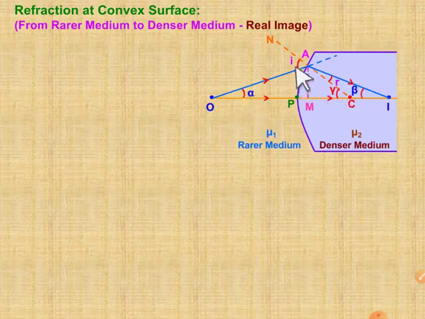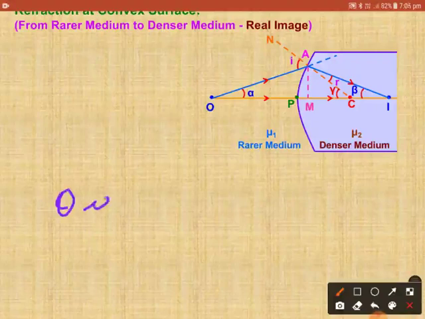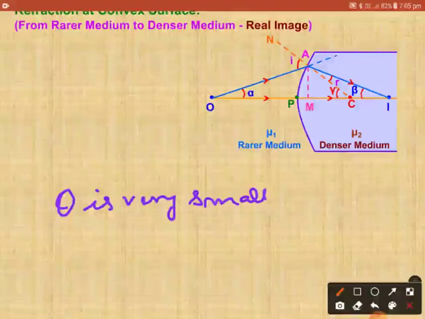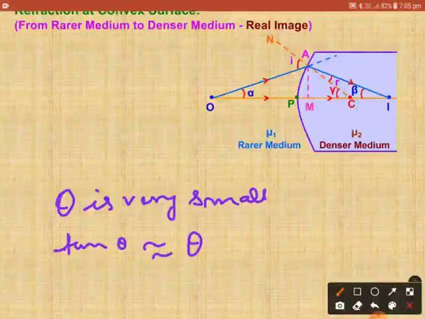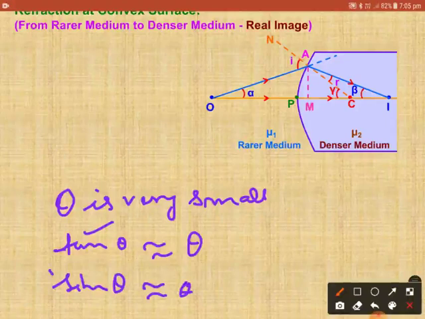If theta is very small, then tangent of theta is approximately equal to theta. Similarly, sine of theta is also approximately equal to theta. So whenever required, we may use either tangent of theta or sine of theta. Got it? That can be done.